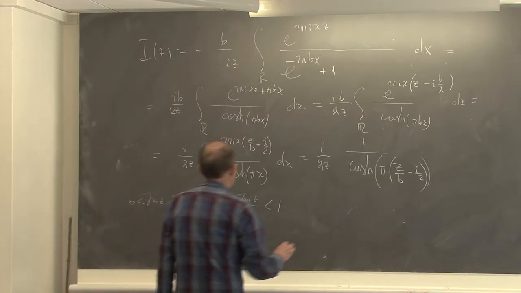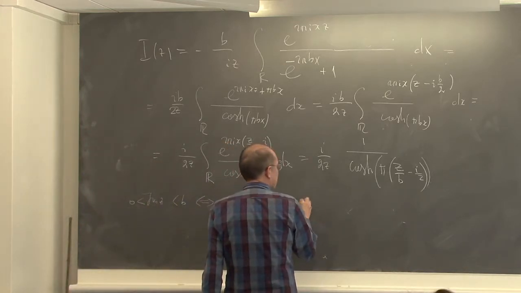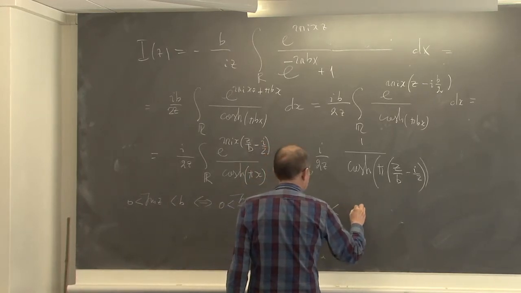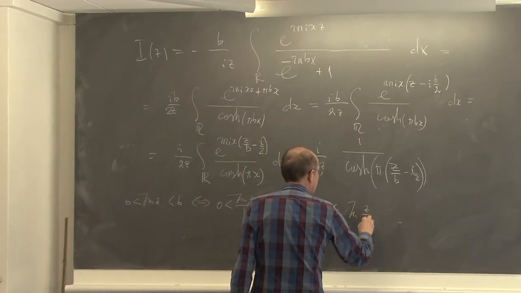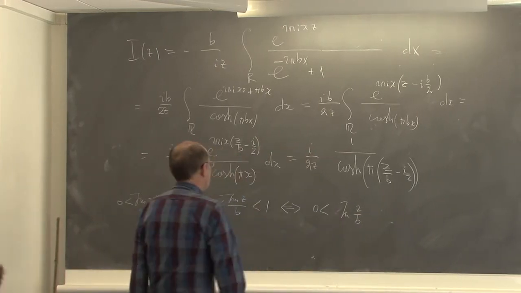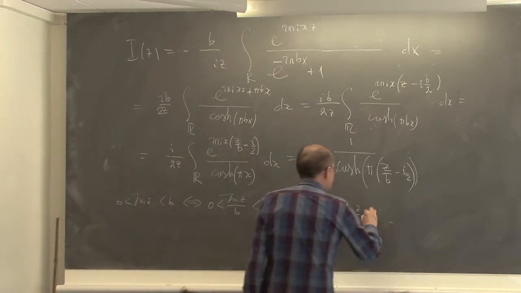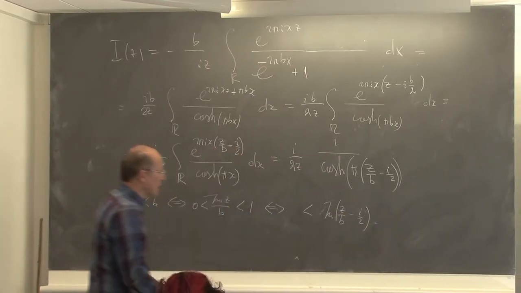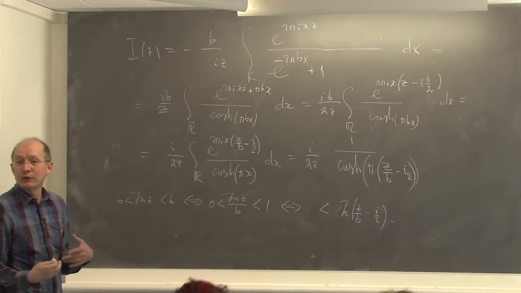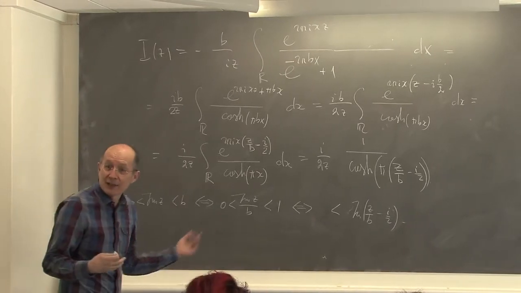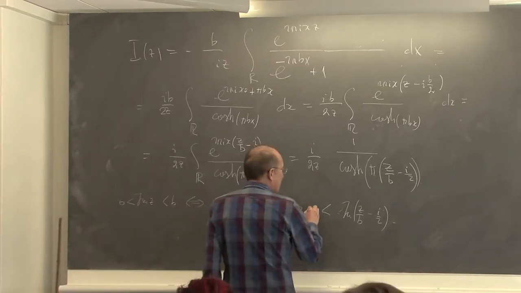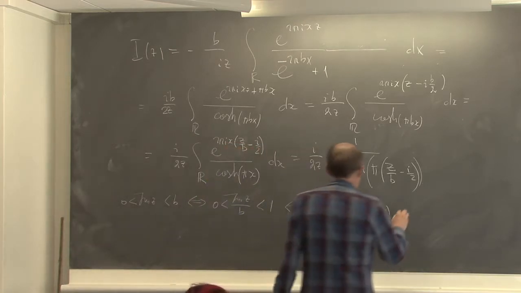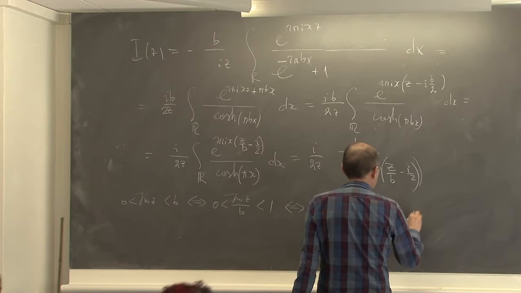And so this is equivalent to 0 less than the imaginary part of z over b, minus i over 2. No. Now we have to add the imaginary part of minus i over 2 to all three sides of the inequality. So here will be minus 1/2 less than 1/2.